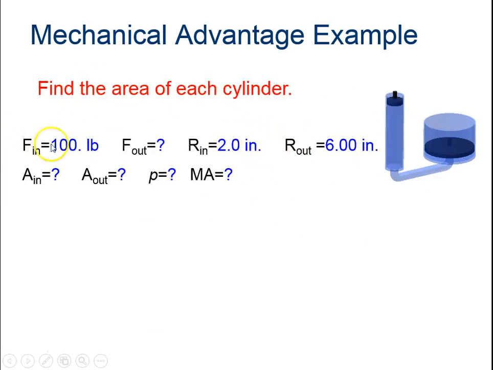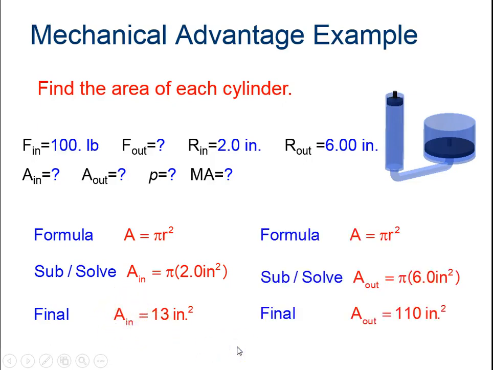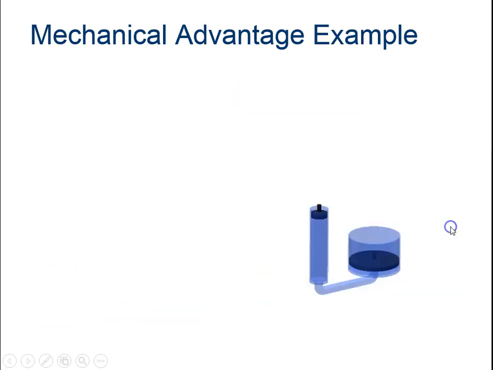So I've just rewritten these same problems here. They first say we need to find the area of both cylinders if we know the radius of each one. So they're going to just use the areas. Notice they're being careful of which one is an input and an output in each case. So we now have the area of the small one and the area of the big one.